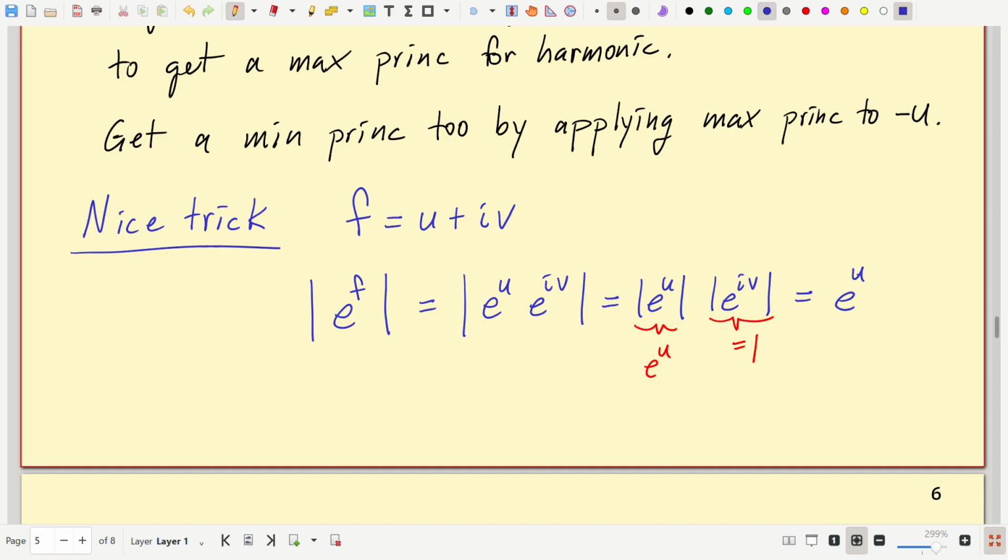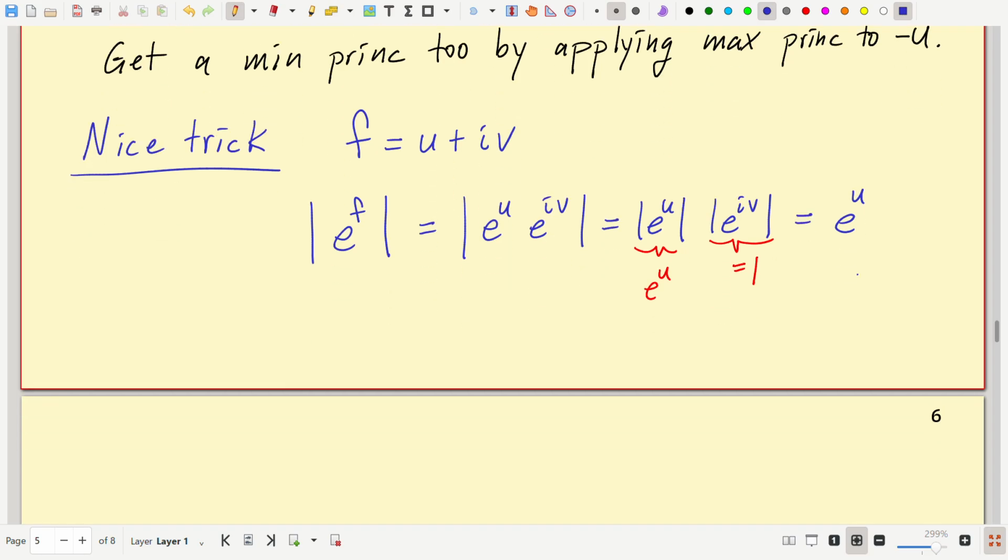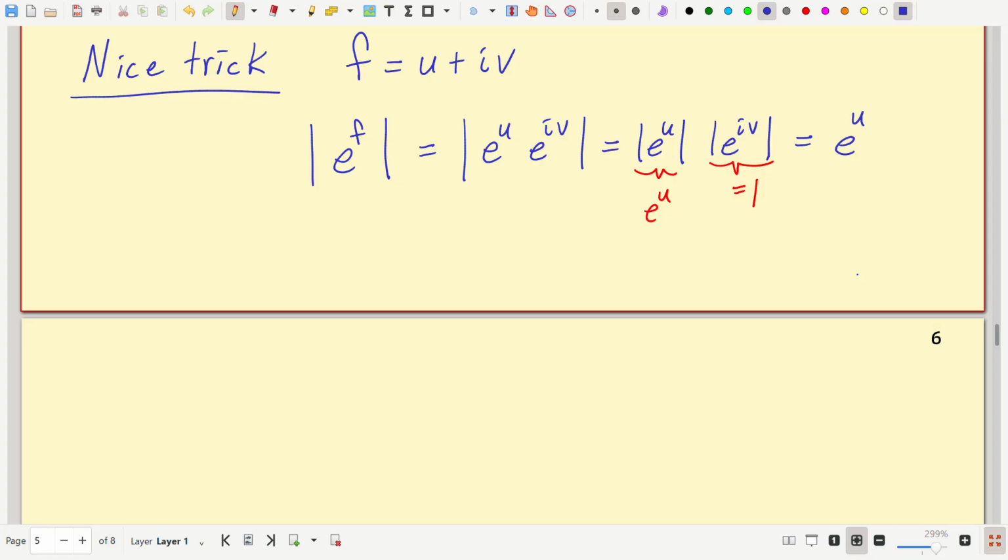And if u had a max, then that e to the f would have a max. So I could deduce the maximum principle for harmonic functions by reducing it to the analytic version.